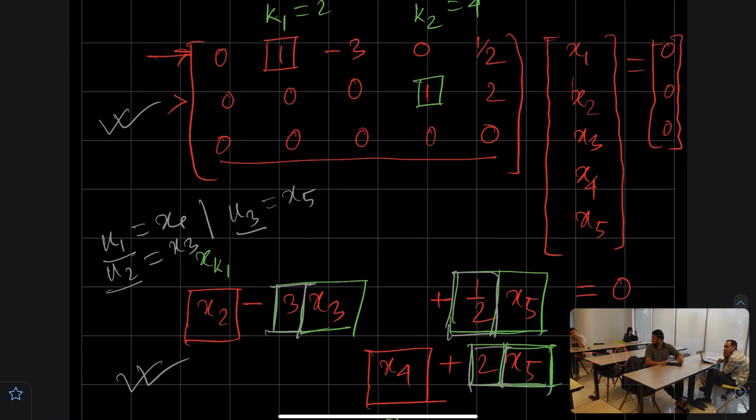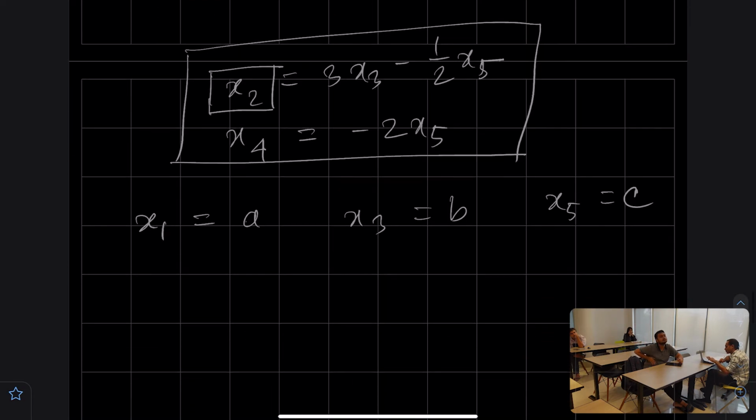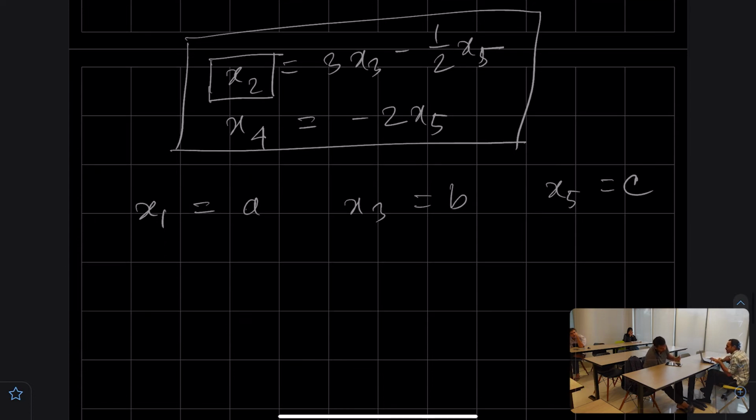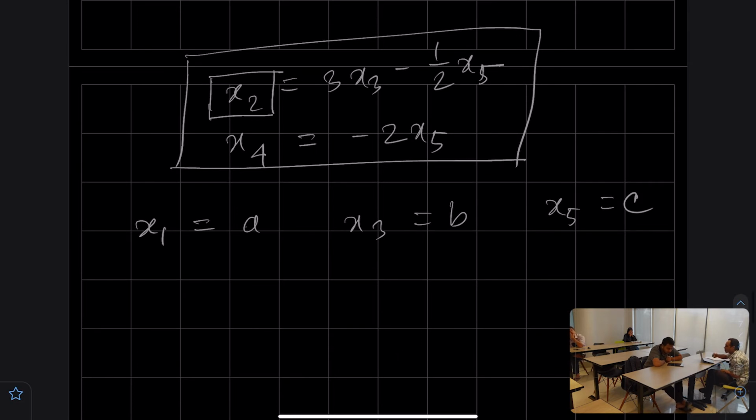If you don't want to include the trivial solution, we can say that a, b, c are not all equal to 0. I can assign any value to the free variables x1, x3, and x5, because I wrote all the leading variables in terms of the free variables.